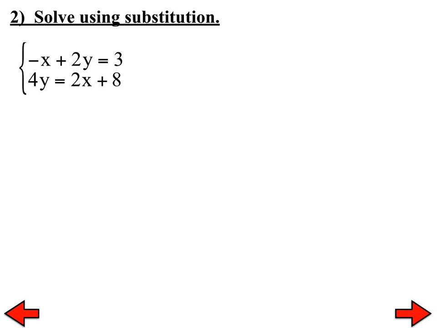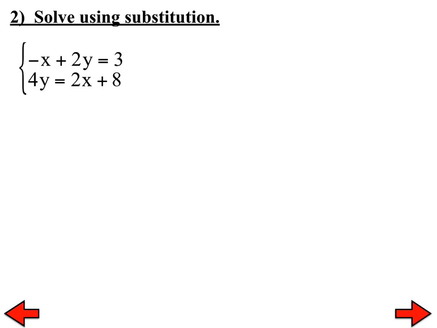I would like you to solve this system by substitution, not elimination. And the only reason I'm making a point of that is I noticed that when I walked around during the warm-up today, even though I told you to answer 1A with substitution, some of you did it with elimination.